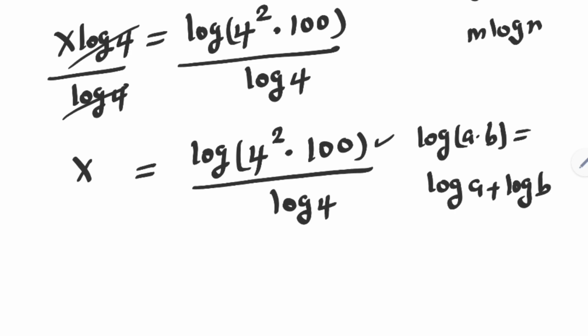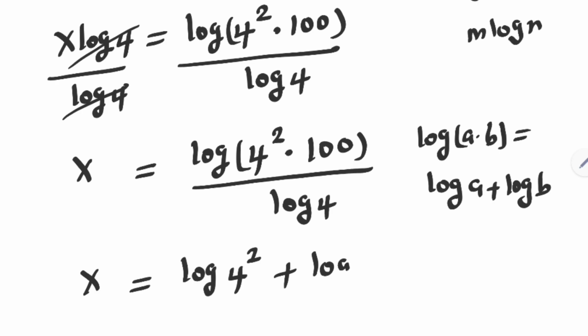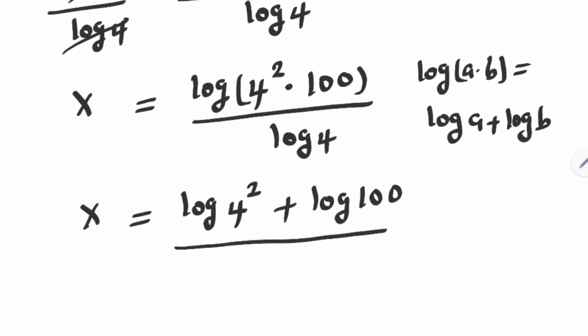Then this numerator can be written as s is equal to log 4 square plus log 100 divided by log 4.